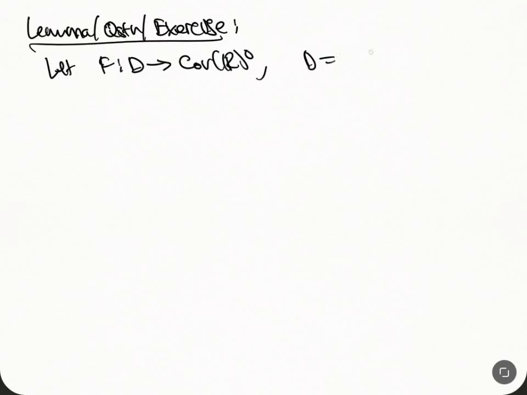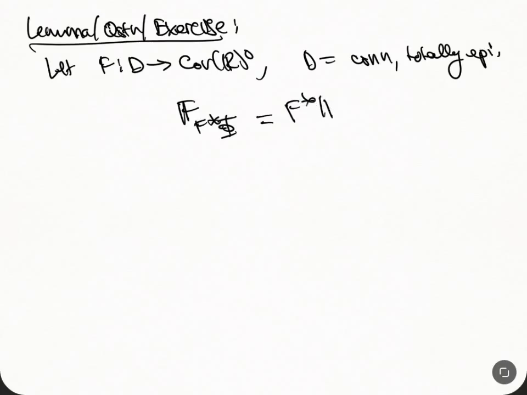So D is going to be connected, totally epimorphic. Okay, then I think we have the following. So we could take an elementary Frobenioid. This is the same thing as pulling back this category.